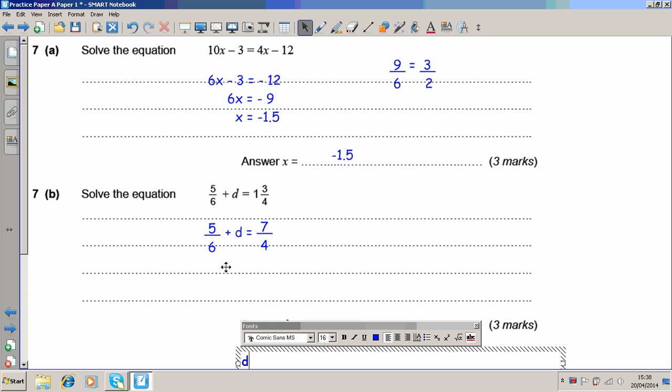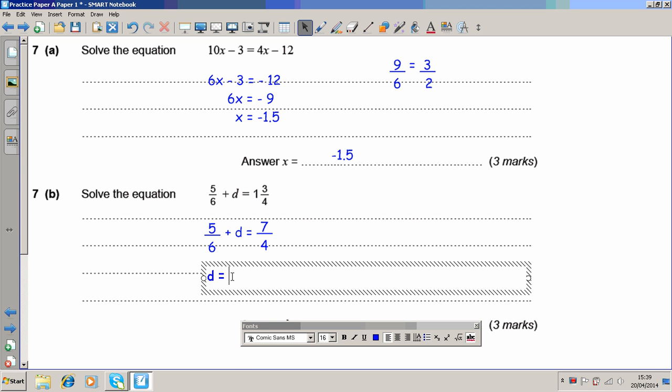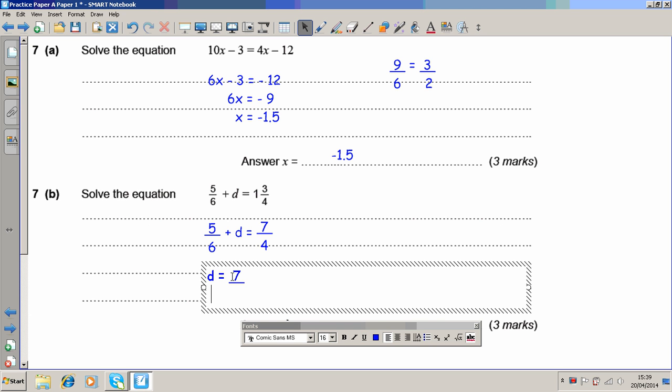In other words, d is going to equal 7 over 4 minus 5 over 6. Okay, because if I take that over to the other side, then I get my answer.